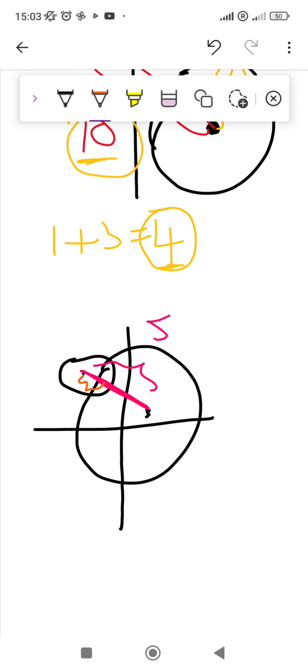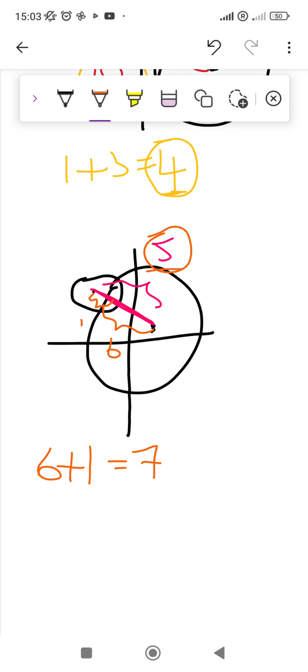So maybe this radius is 1 and then this radius over here is 6. Okay, random numbers again. So if I add my radii, the sum of the radii, 6 plus 1, that gives me 7, and the distance between the centers was 5. So now the distance between the centers is smaller than the sum of the radii. My circles will touch, as you can see over there.